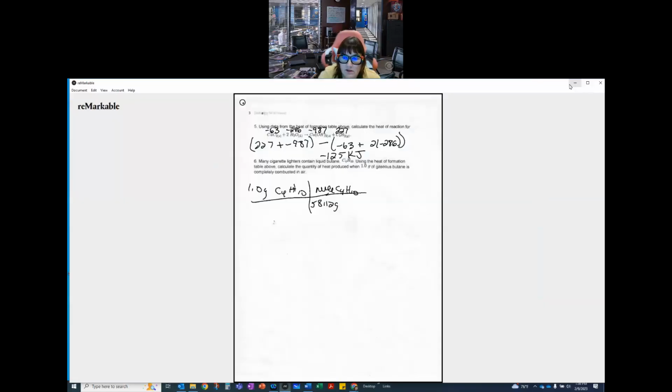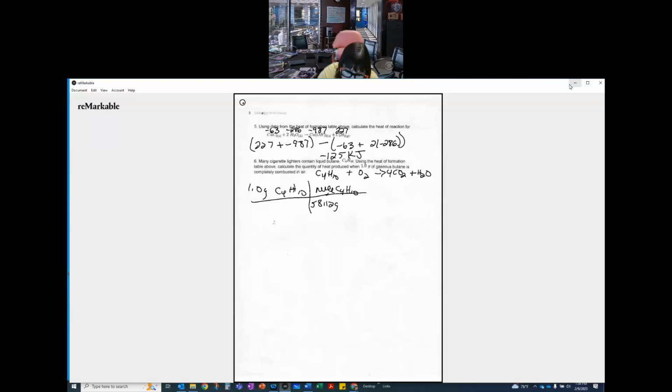And I need a balanced equation to be able to work with this. So combustion, C4H10 plus O2 will give me CO2 plus H2O. That's the definition of combustion. I need 4 of those so that I have the same number of carbons.